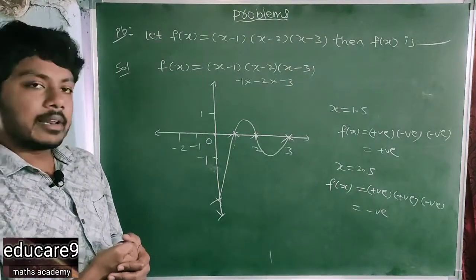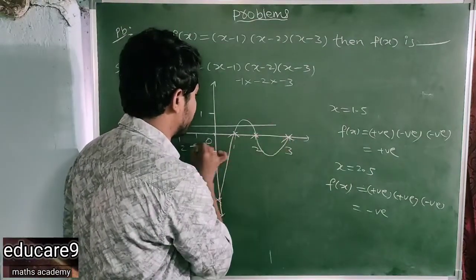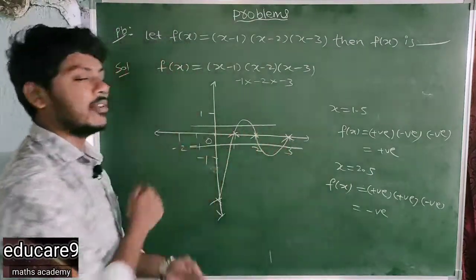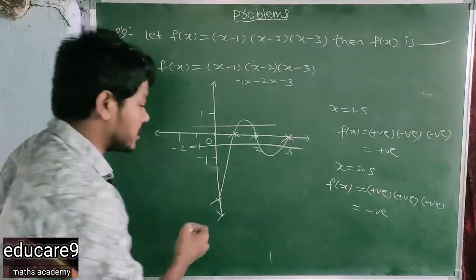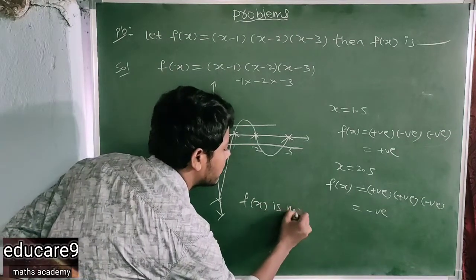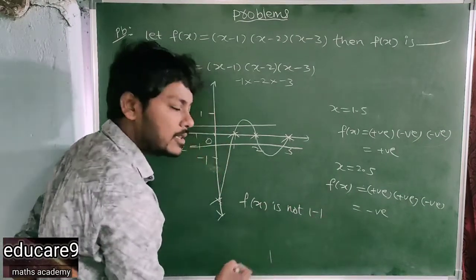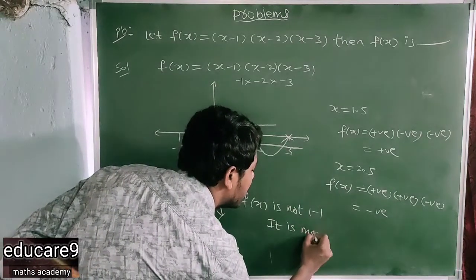Now draw the horizontal lines. Each and every horizontal line touches the given graph at more than one point. So in this case f(x) is not one-one, it is many-one.